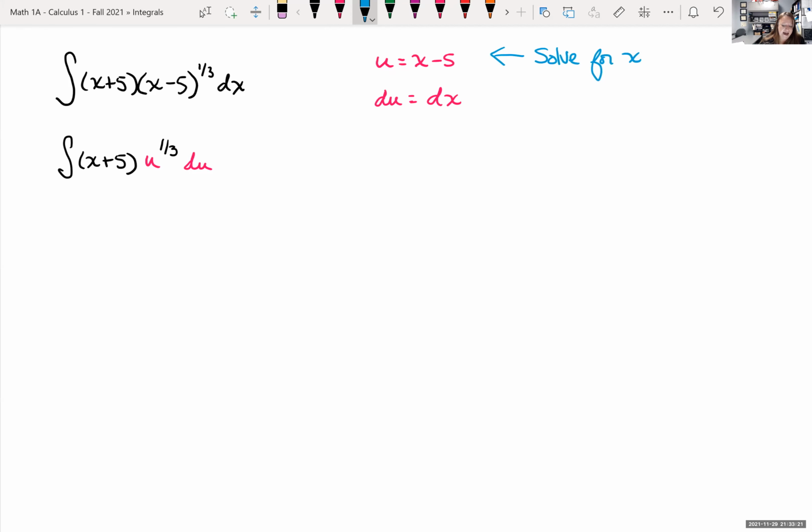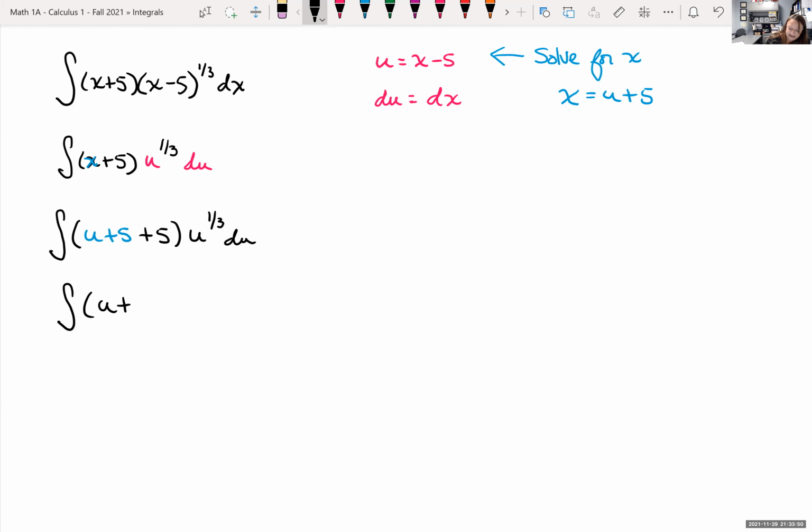X by itself, we would add 5 to both sides. We get x equals u plus 5. So the integral, parentheses, you see an x there, so let's replace it with u plus 5. But we still have that plus another plus 5 inside that parentheses, u to the 1/3 power du.